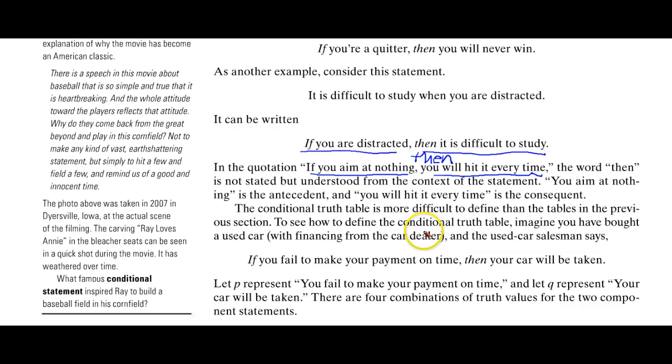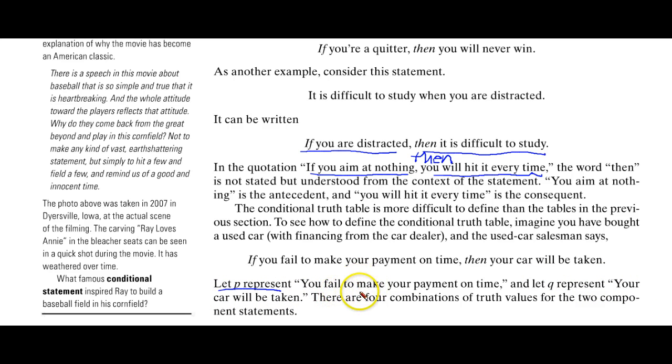So we can put that in the conditional symbolic form, where we're going to let P represent if you fail to make your payment on time, and let Q represent then your car will be taken.